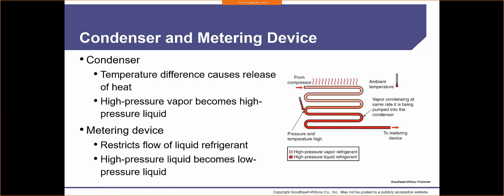By causing that little bit of a restriction, that refrigerant now all of a sudden has a chance to flash off and become partial vapor, partial liquid, and it also drops the pressure. By doing so, now all of a sudden we get to absorb more heat by traveling through the evaporator.